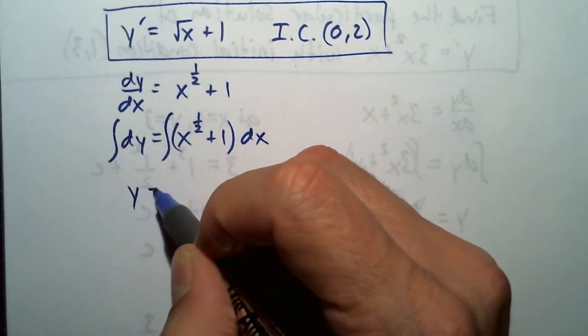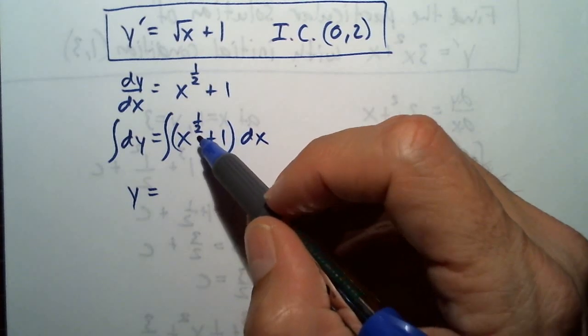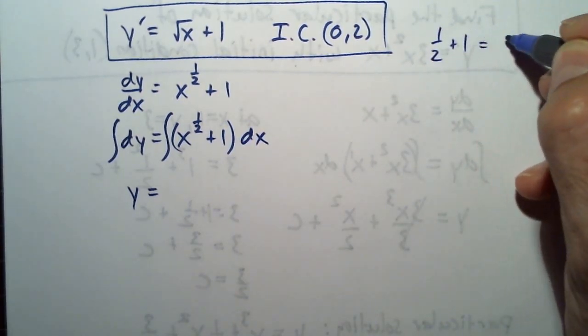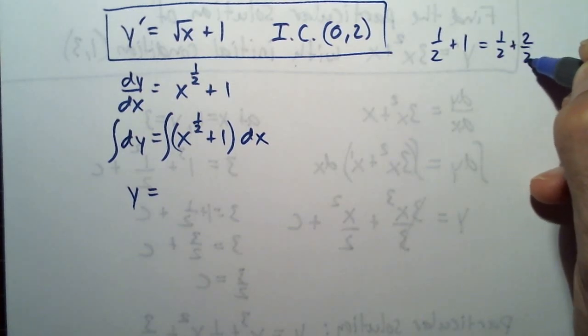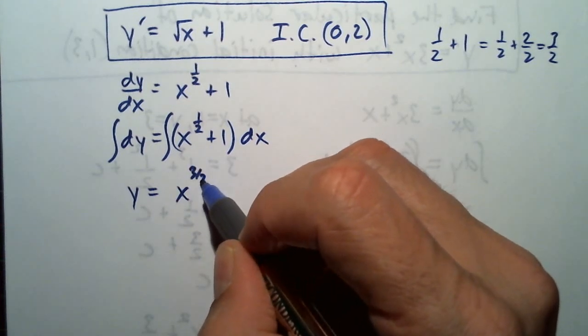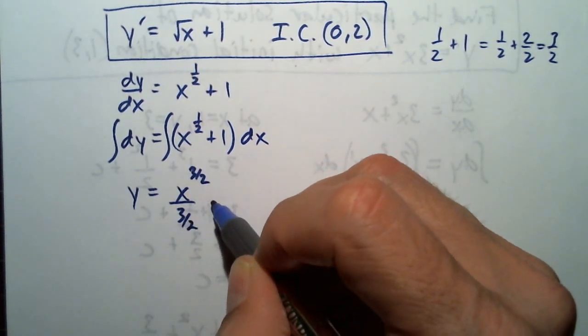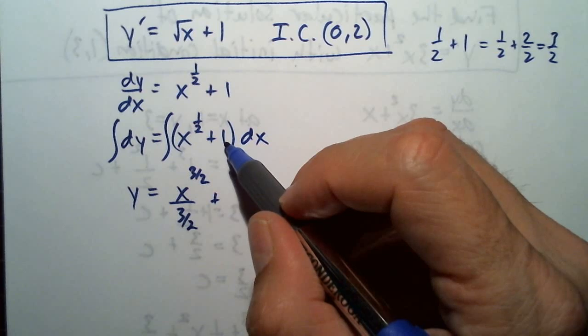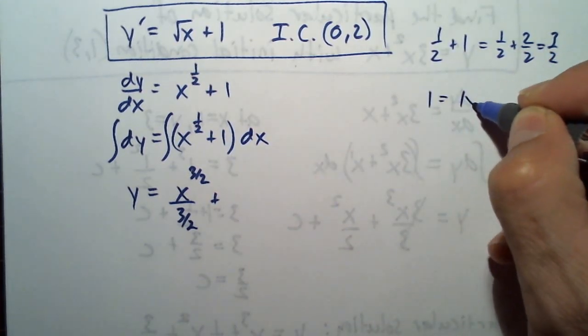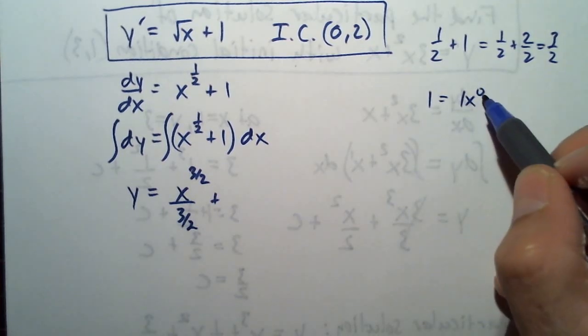And we're going to add 1 to a half. Remember that half plus 1 is a half plus 2 over 2, 3 over 2. And here we have 1. If you think of a 1 as being 1x to the 0, then you can think, okay, 0 plus 1.